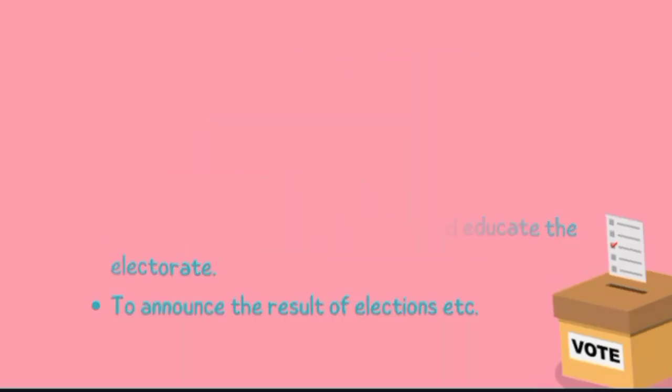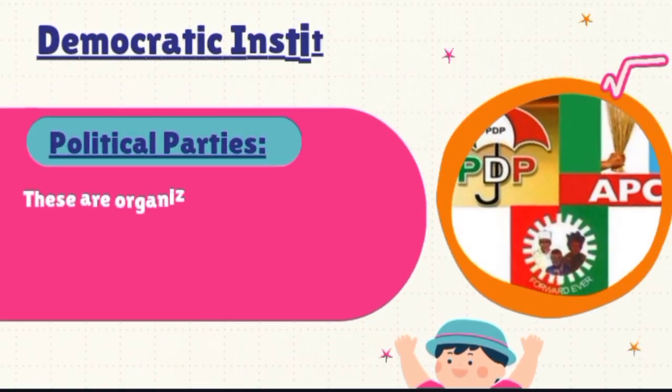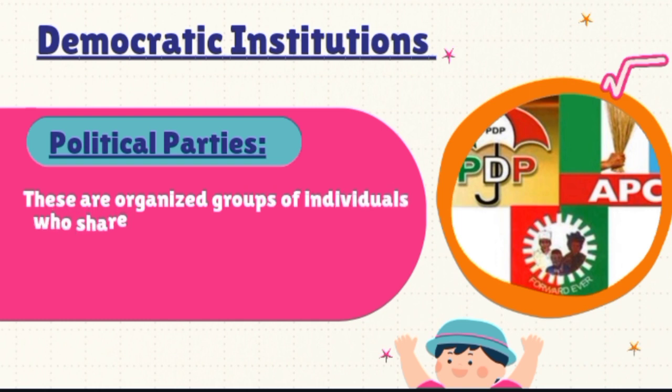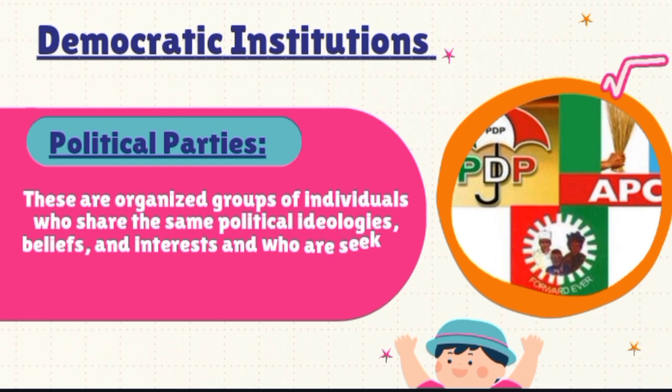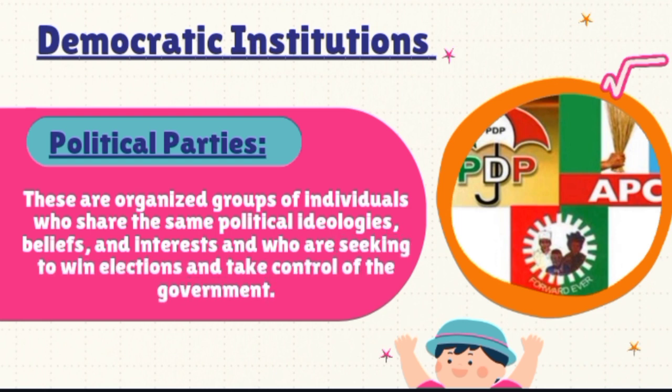Then we have the political parties. A political party is an organized group of citizens who act together as a political unit, having similar aims and objectives, to seek to control the government.